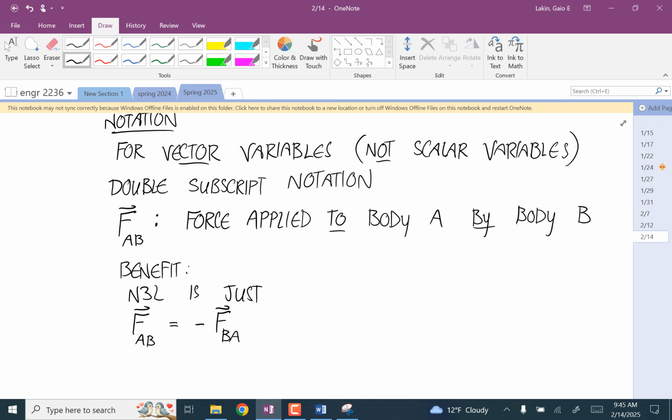That's going to be really useful when we start getting into linkages, which are like the dynamics version of structures, just multiple bodies connected by joints.